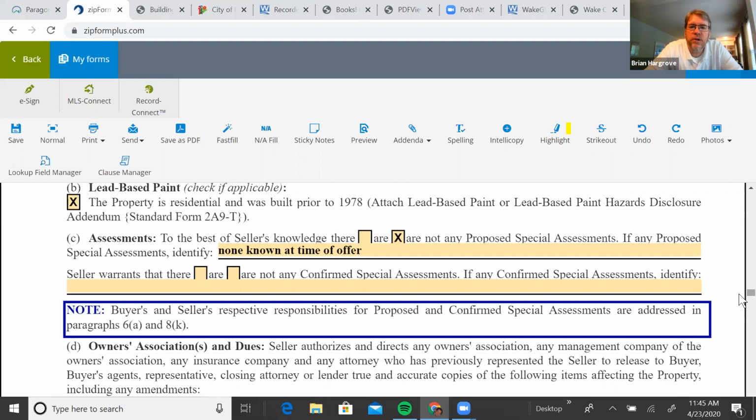Yeah, so the disclosure itself, if it's an HOA special assessment, it's still the responsibility of the seller and the listing agent to tell you what that is. Right, but on the disclosure, they put the HOA is responsible. That's what they typed in. Or should get it from the HOA and fill it in.